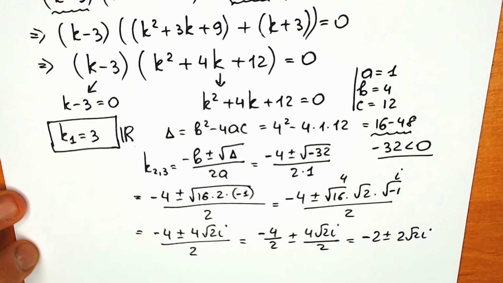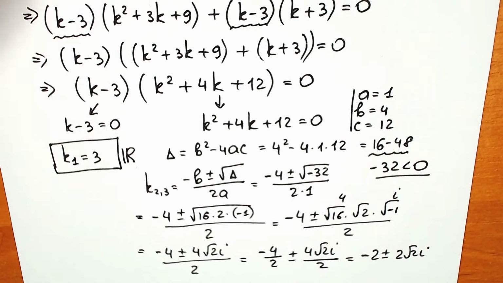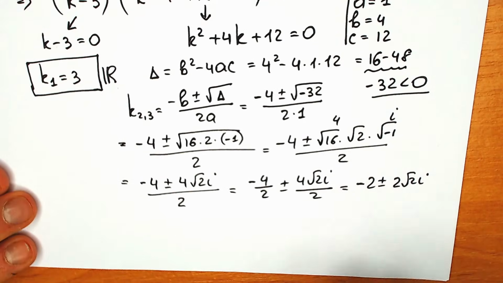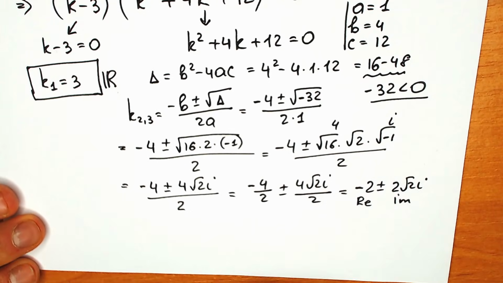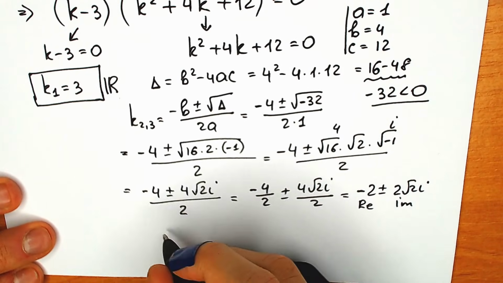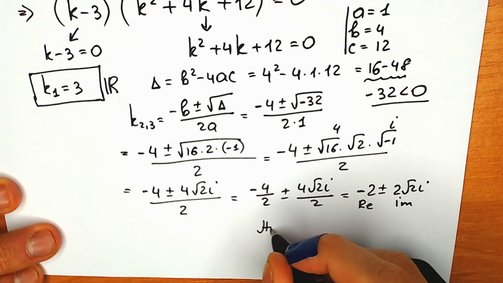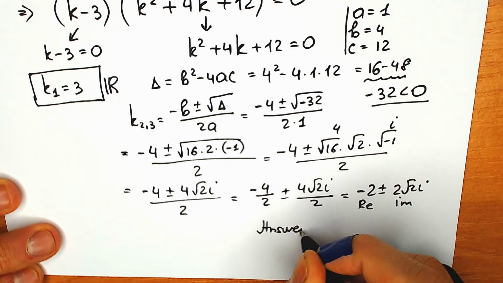So these are our two complex roots. This is our real part, and this is our imaginary part. So let's write our final answer.